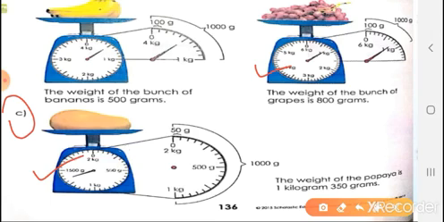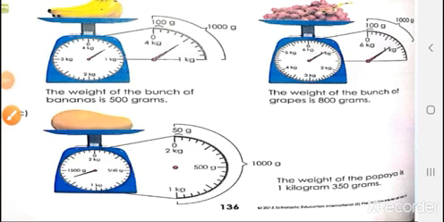Yes, the scale in B can measure up to 6 kilograms, while the one we have in picture C can measure up to 2 kilograms only.